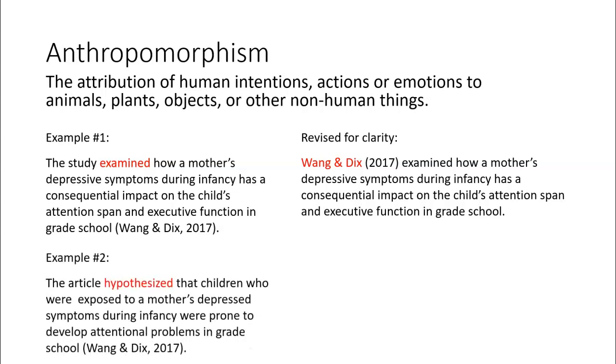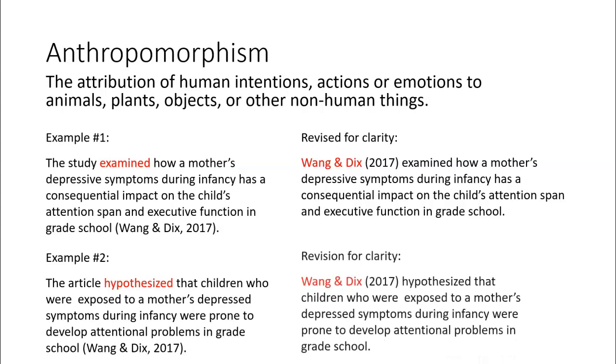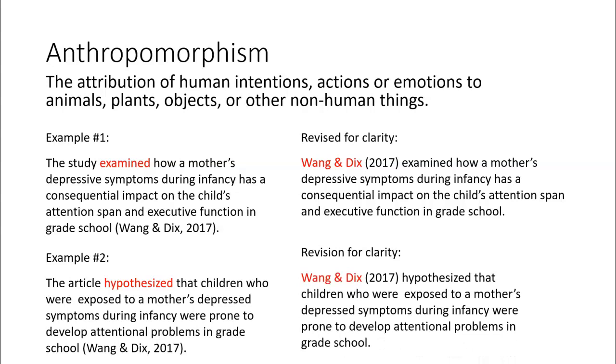Likewise, another example, the article hypothesized. Well, an article can't hypothesize at all, even if it wanted to. But Wang and Dix can hypothesize. So again, use that narrative citation. This can be really helpful to your reader. If you're writing a paper that has multiple articles that you're referring to, by using that narrative citation, the reader can easily identify which article you're referring to.